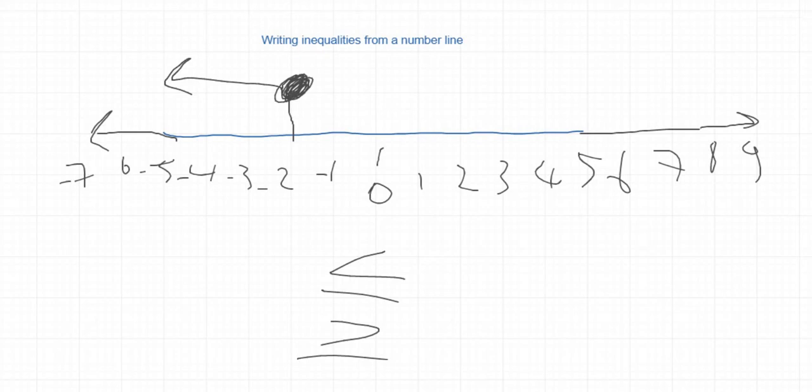We look at the arrow. The arrow is pointing below negative 2, and therefore x would be below negative 2, which is the same thing as x is either equal to negative 2 or less than negative 2.